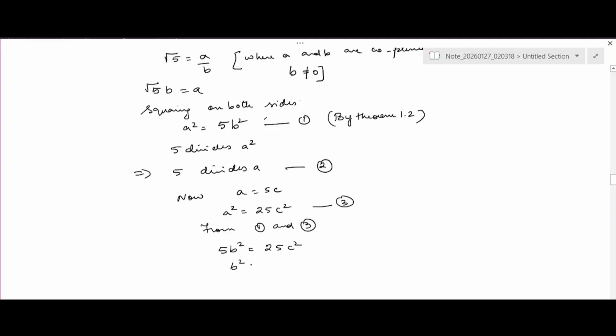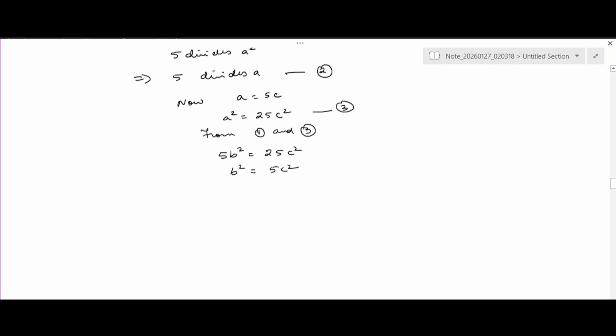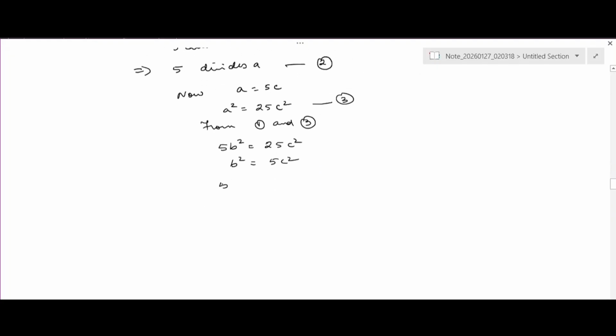So b squared is equal to, if we divide by 5, 5c squared. So 5 divides b squared, which implies 5 divides b. This is 4. So from 2 and 4, 5 divides a and b.